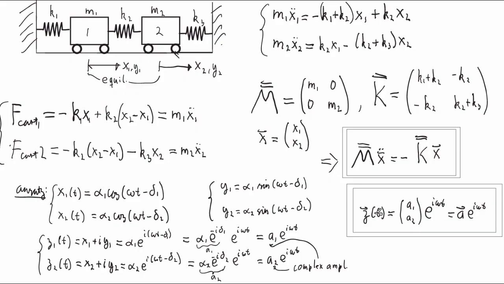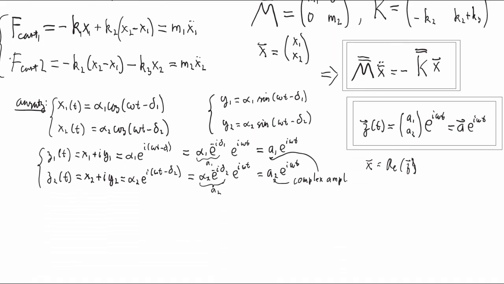Okay, to plug it in, first we note that vector x is just the real part of z. So if z solves the equations, so does x. So then all we really have to do is figure out what z double dot is, and that's obviously just equal to minus omega squared times z.